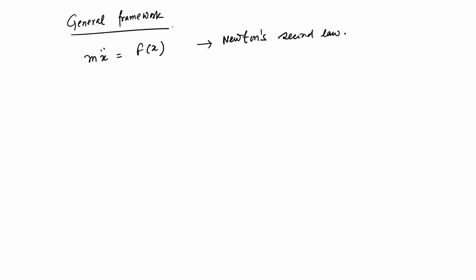So, we really talk about f of x, which is obtained from a potential function v of x, and we are talking about the conservative force here. A conservative force means that a force that can be derived from the negative gradient of a potential.